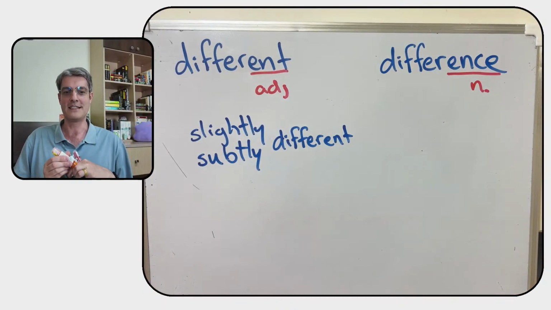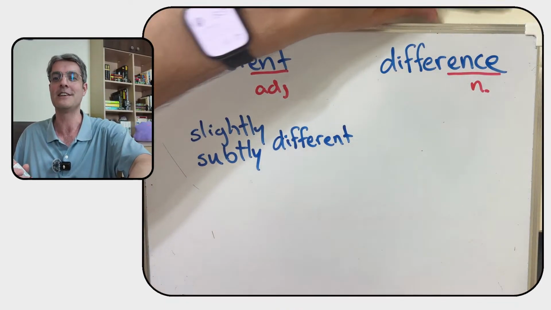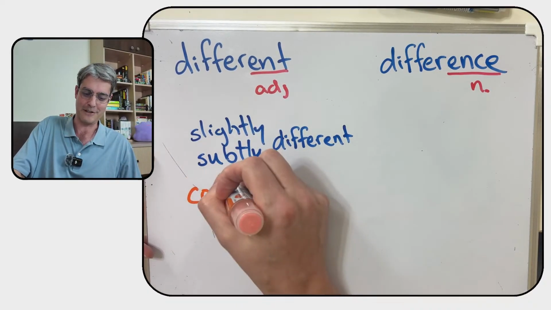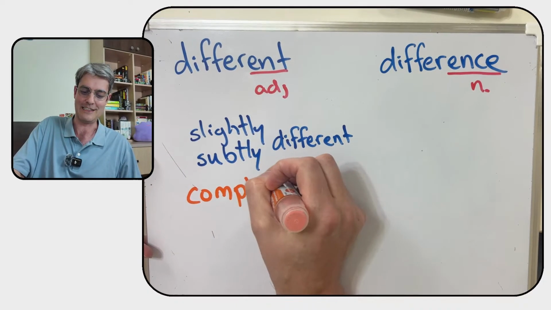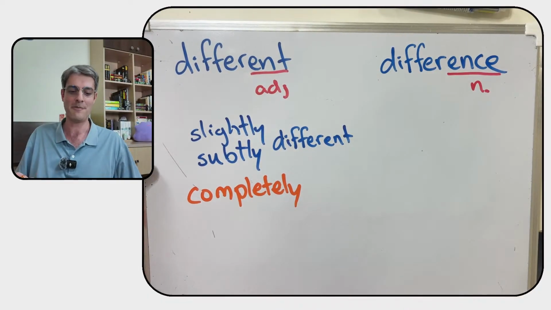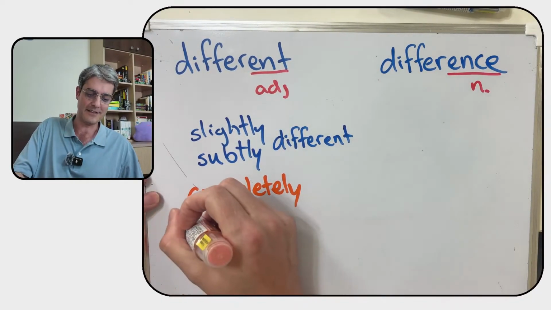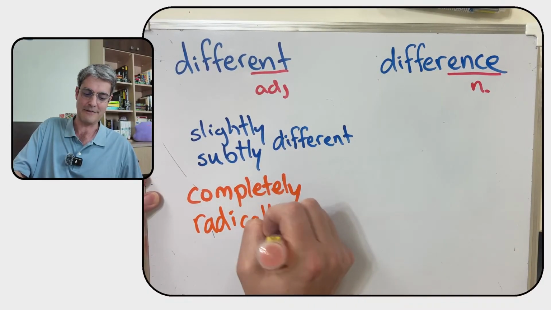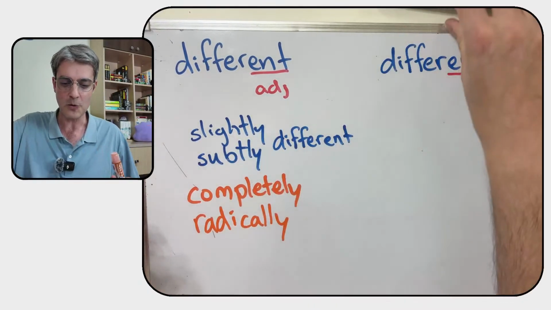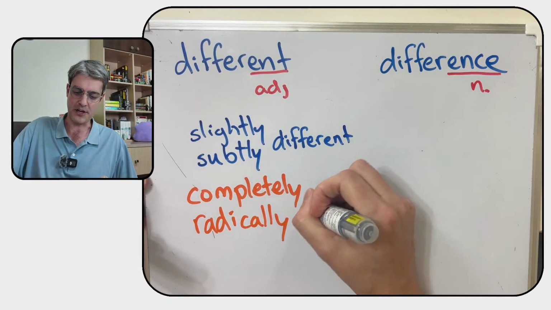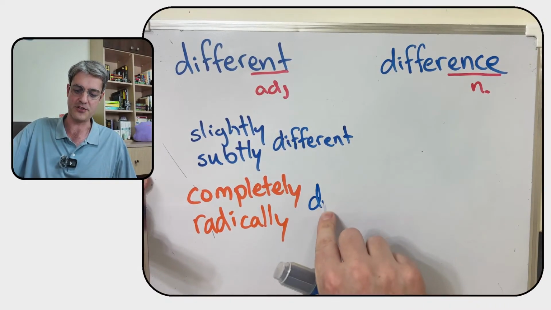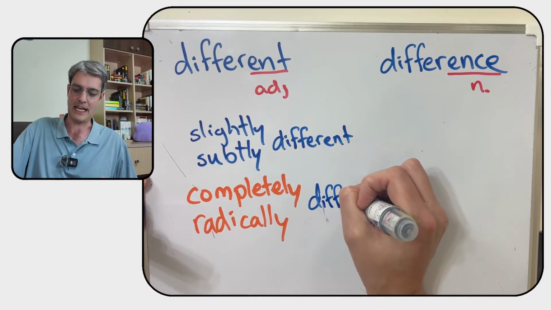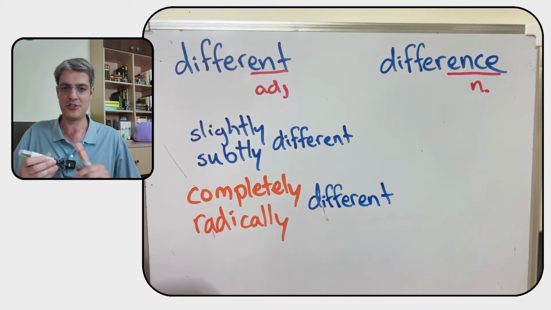Now, sometimes things are not slightly different or subtly different. They are completely different, right? They are completely different. That's a useful collocation here. And if things are completely different, they could also be radically different. We usually use radically different when we're talking about a design change, when from one generation to the next, it has a huge change.